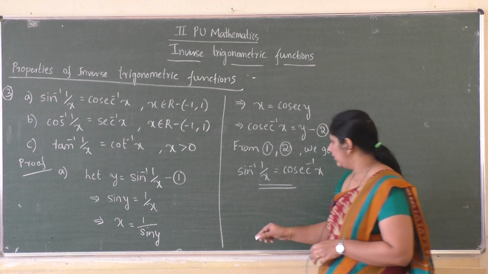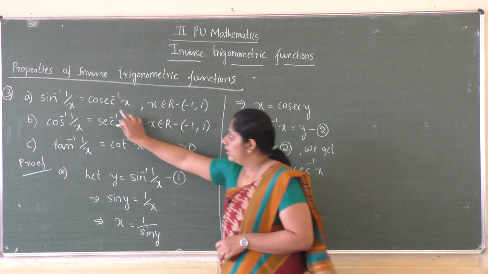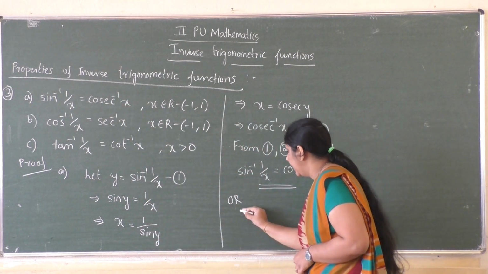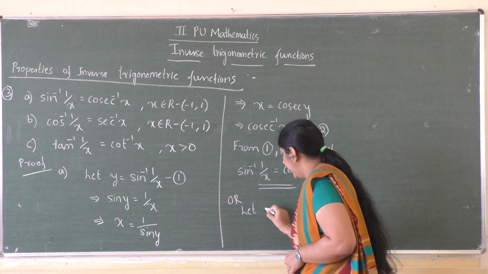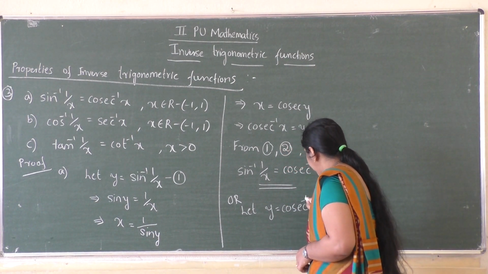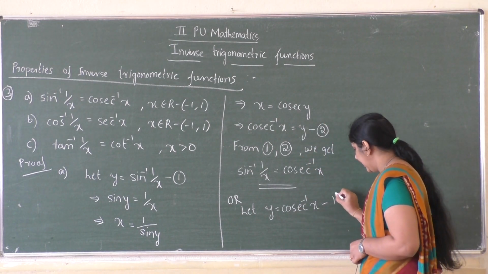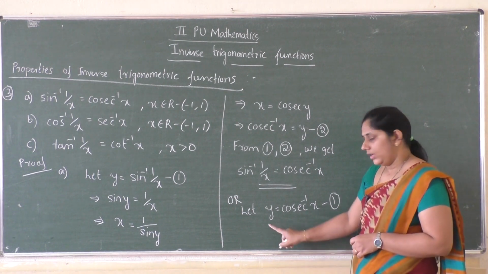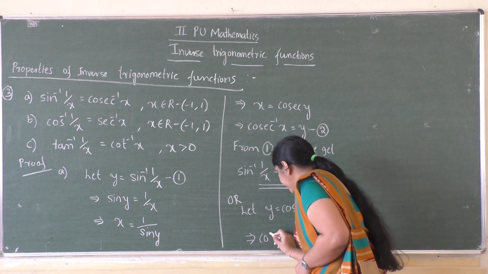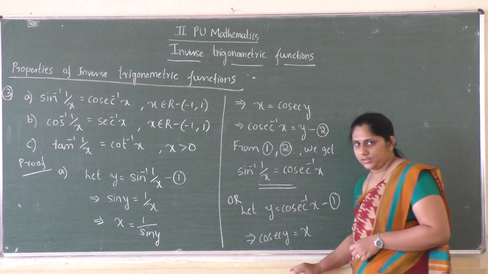This is one method, or you can take cosec inverse x as y, then prove the same. So I will do that also. So in this case, let y equal to cosec inverse x. I will take this as equation 1. y equal to cosec inverse x implies cosec y will be equal to x, right?